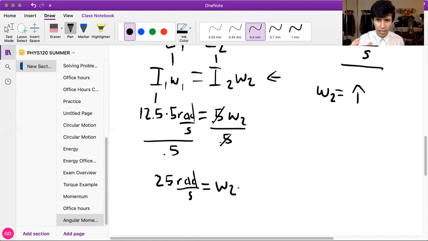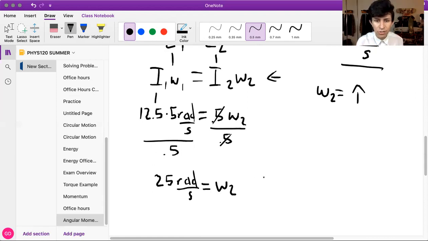Because think about it, a figure skater starts getting closer together and starts spinning. It's not like somebody is spinning them faster. It's all because of the moment of inertia. This moment of inertia changed.